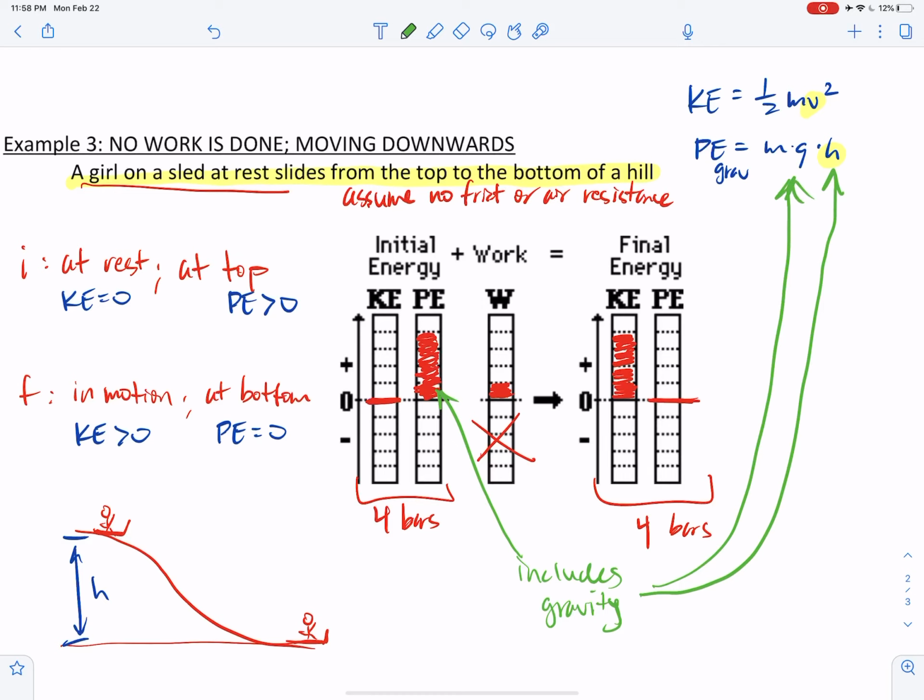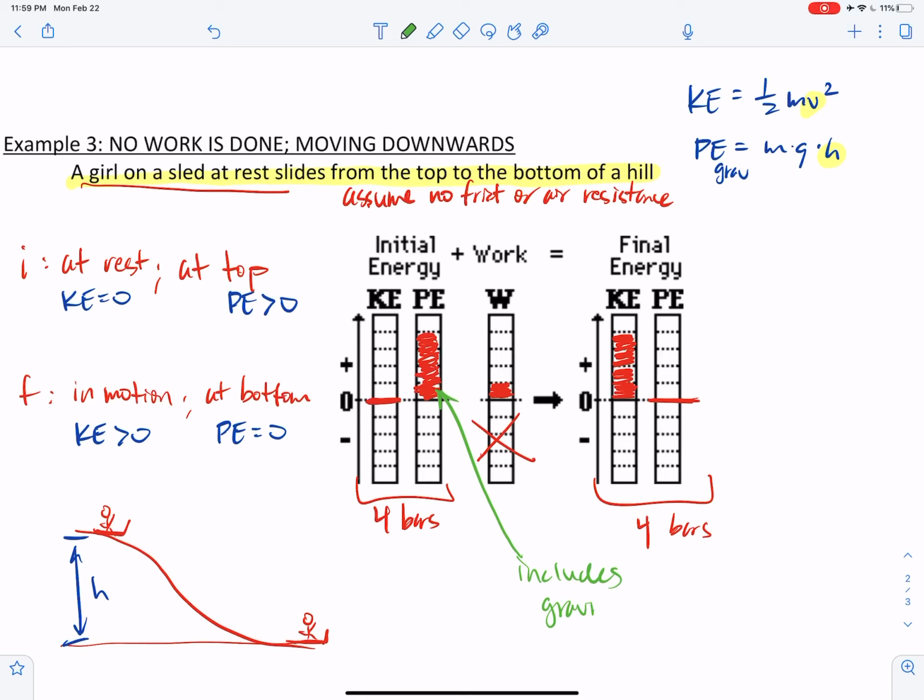Okay, so the work that's being done by gravity is already included in this potential energy. That's why the girl has energy up here at the top of the hill in the first place, because something pushed her up there. She climbed up there herself. So she's already gained energy because of gravity at the top, and we don't need to add it again in the center column.